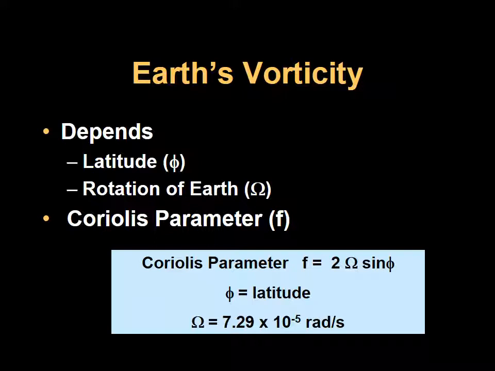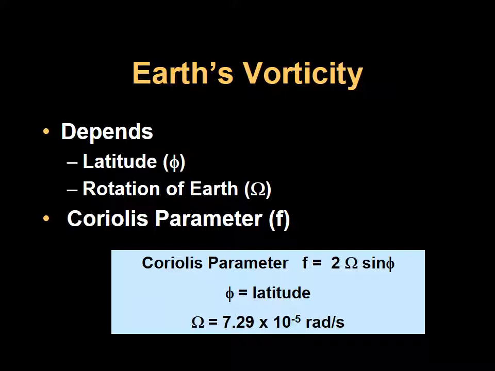So we came up with an equation. Coriolis did this back in the 19th century. He said that the Coriolis parameter, in other words, the apparent spin because of the Earth, depends upon latitude. Take the sine of the latitude, and that gives you the apparent spin.